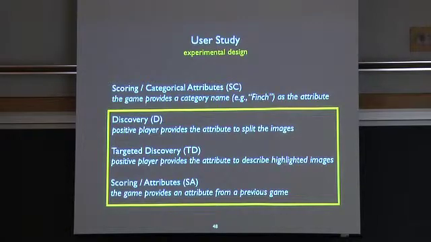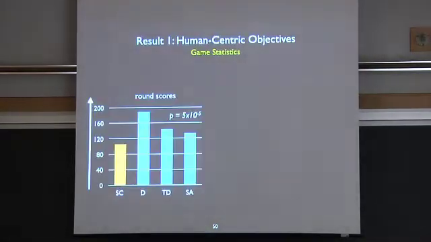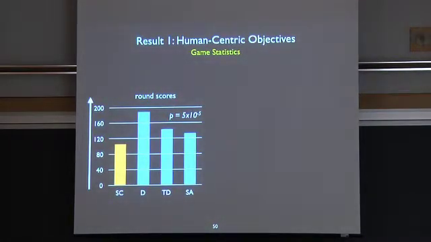So this is where I'm trying to compare the first version versus using the data collected from the last 3 versions and combining that with machines. So in terms of the human-centric objective, how much did the players enjoy the game or could play the game?